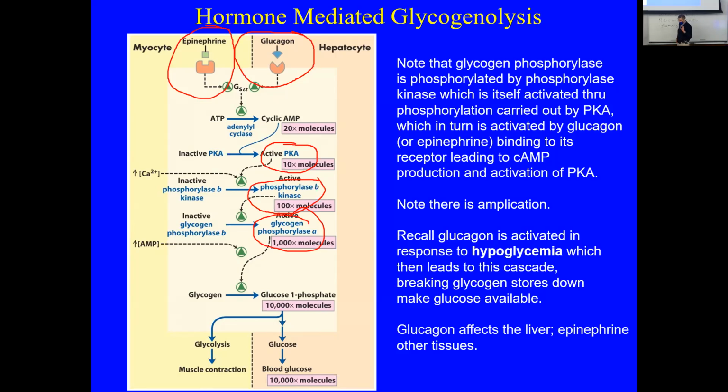So let's just say that you go out running. You may get by for 10, 15, 20 minutes on available glucose in your circulation. But after about 10 or 15 minutes, you tap into glycogen stores, unless you're on the keto diet, which means you have no glycogen and you have no endurance.